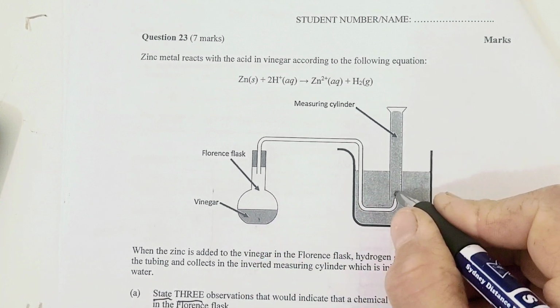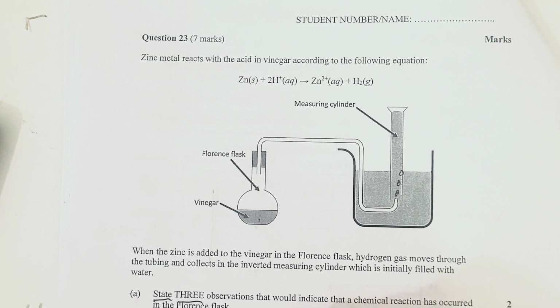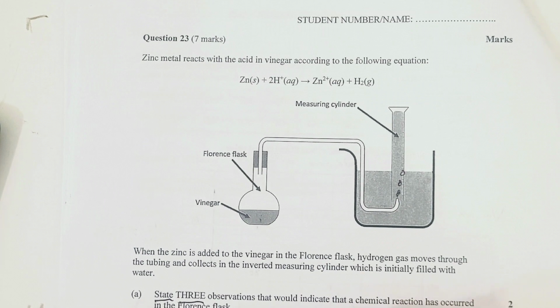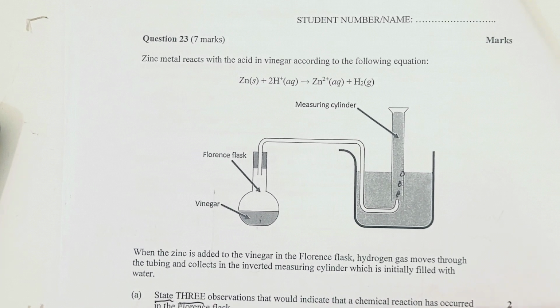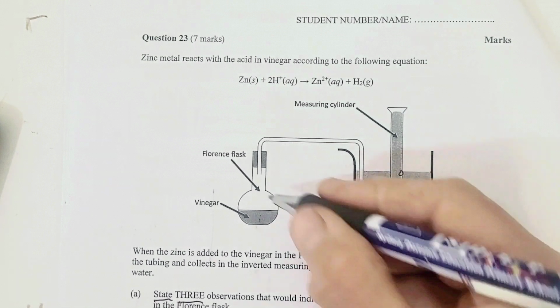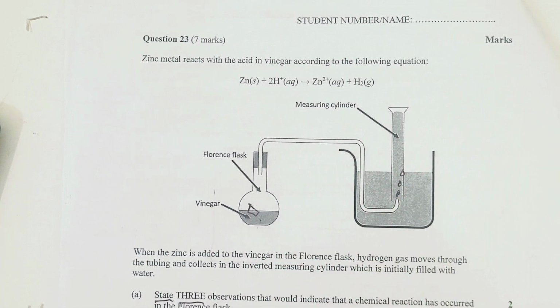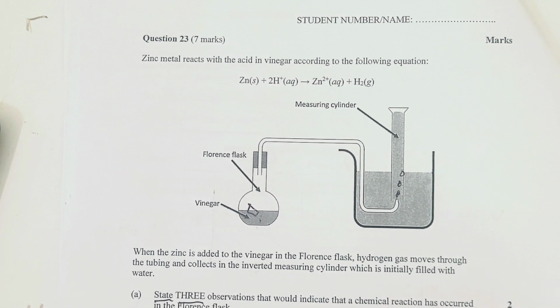Well, you get the bubbling. So 1, bubbles of gas forming. 2, we start off with a chunk of zinc, right? And then the zinc dissolves.